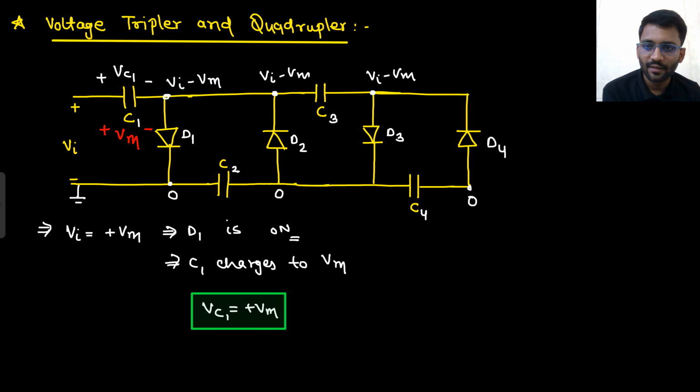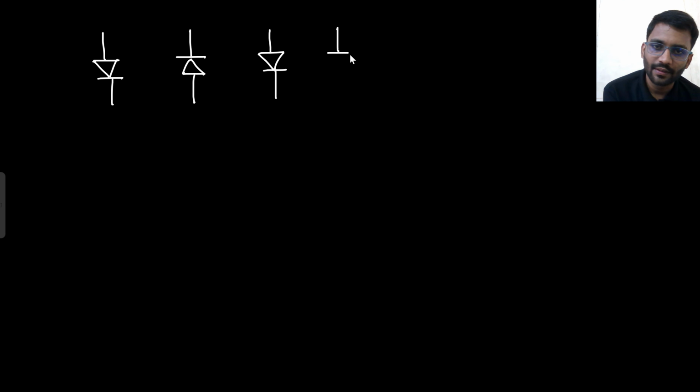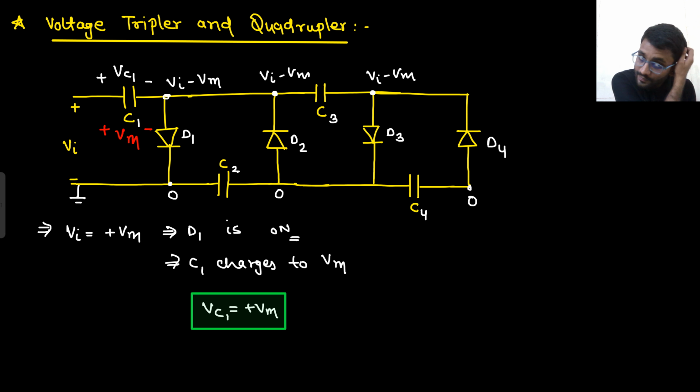What is the scene now? I can draw it. There are 4 diodes. D1, D2 in opposite direction, then D3, then D4. All lower ends are 0.